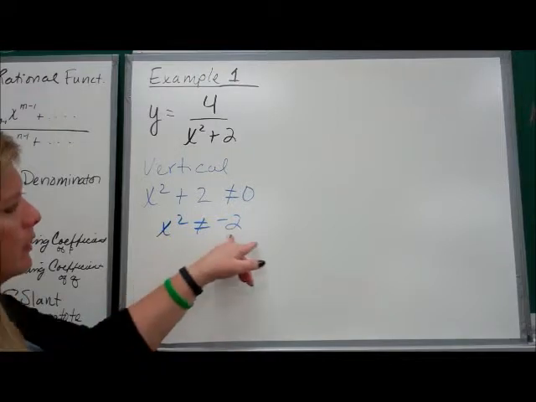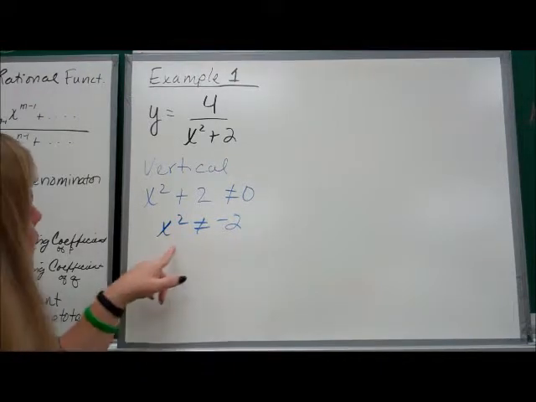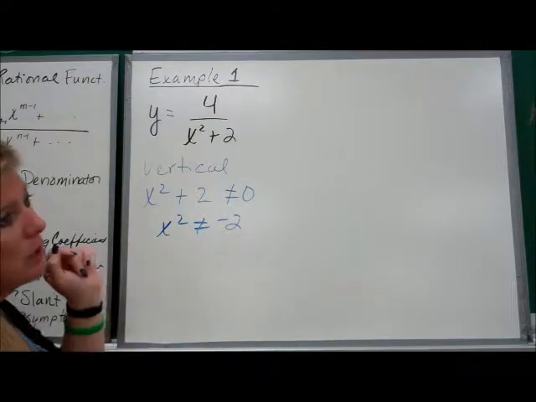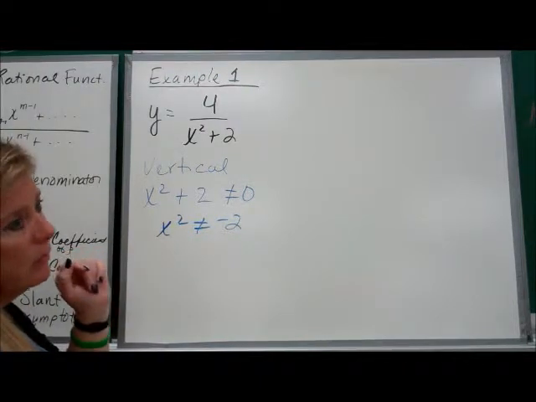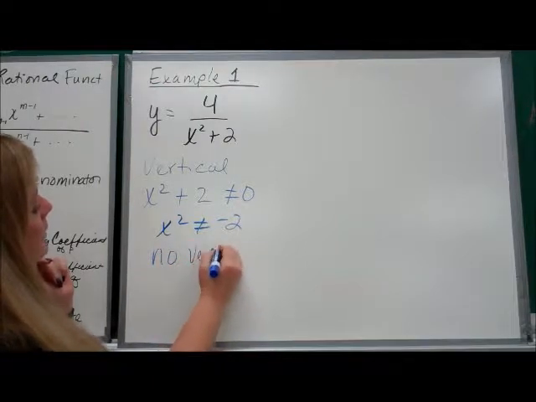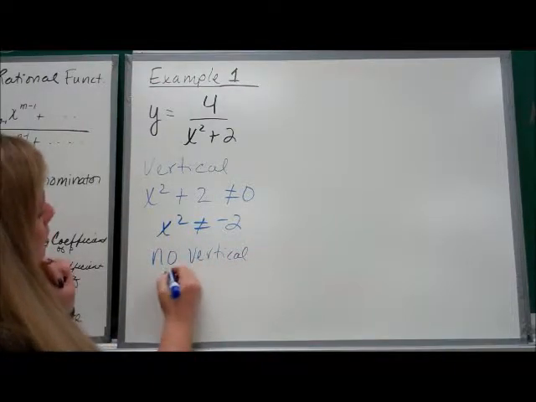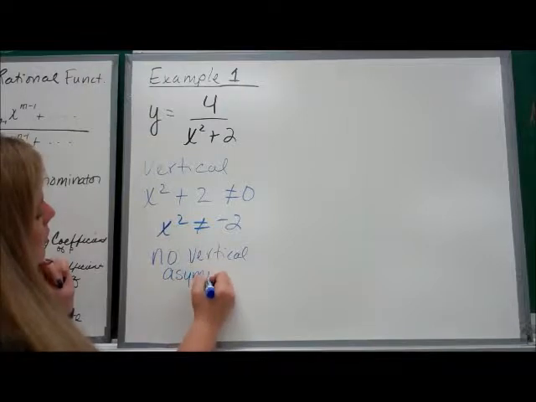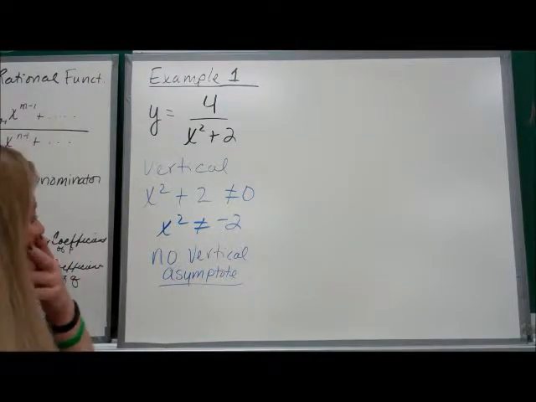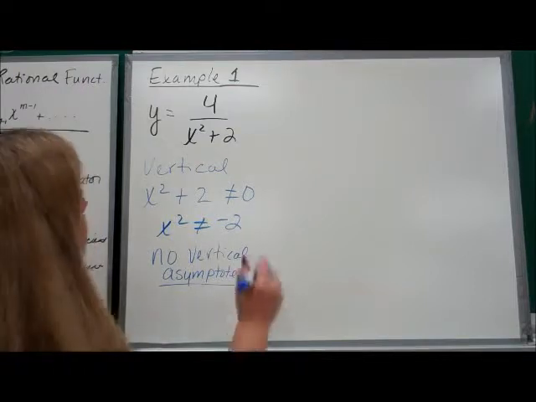Is that ever going to happen? Is there a real number that when you square it, it will be negative? No. So there's no vertical asymptote.